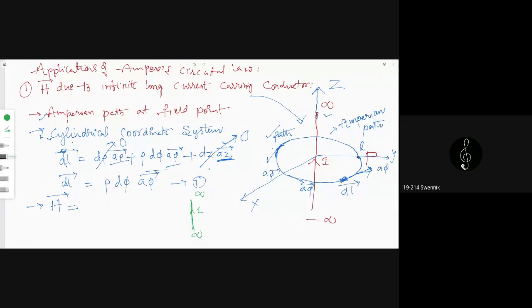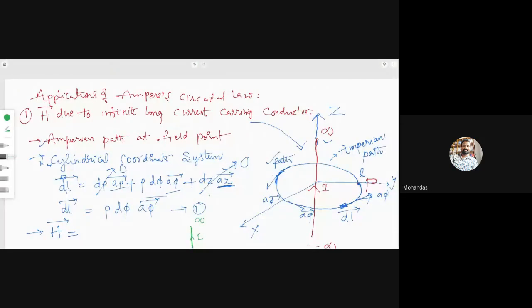If you take a straight conductor that carries a current I, how do the magnetic flux lines exist around that conductor? Circular, sir. Very good. In the shape of circles, in the direction of circles.